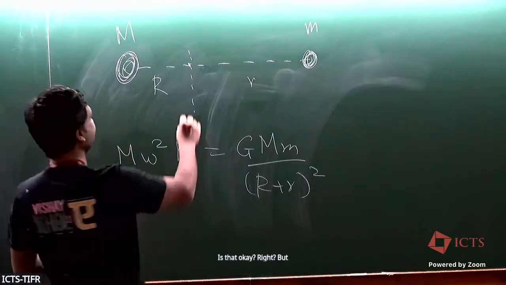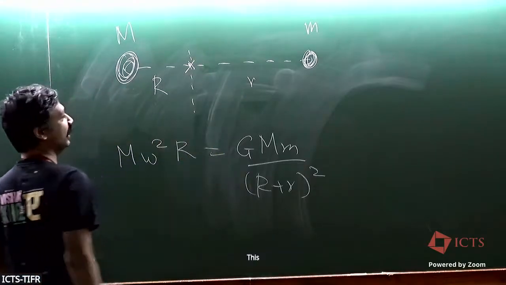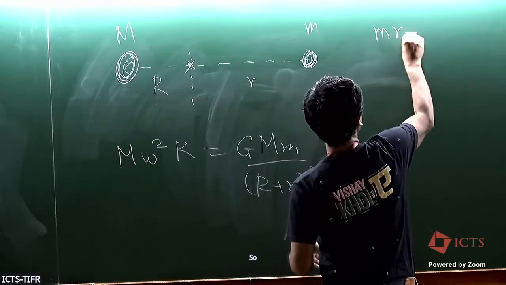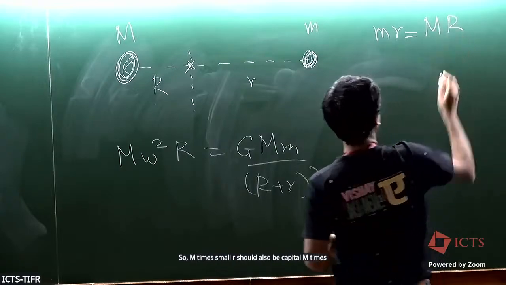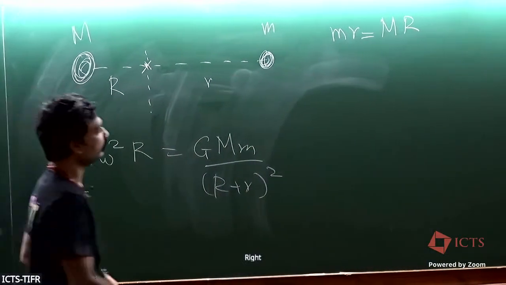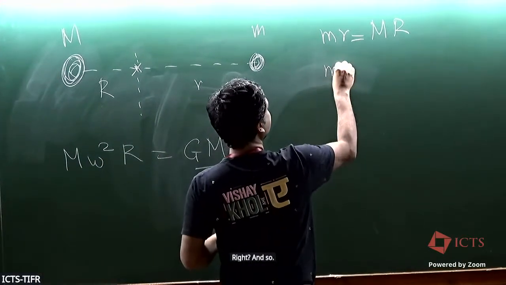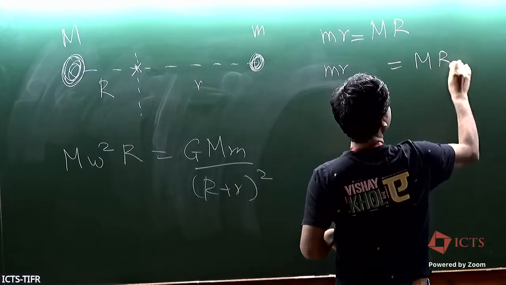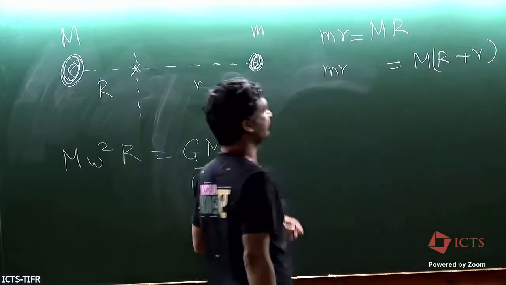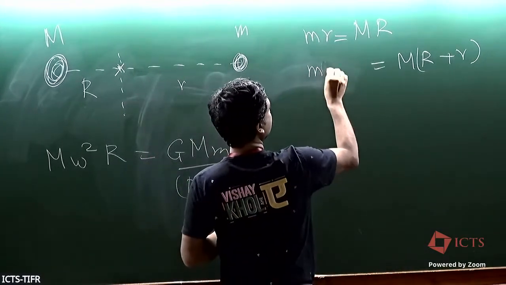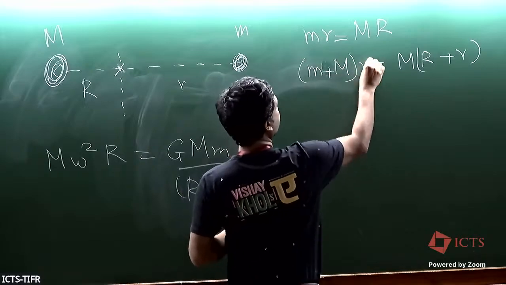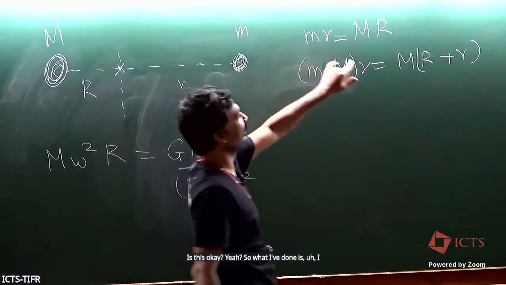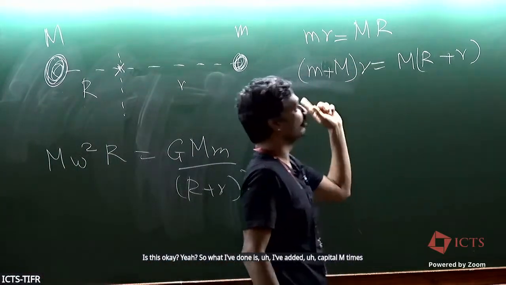But then these capital R and small r are related to each other, because this is the center of mass. So m times small r should also be capital M times big R. And so similarly, if I do this, okay, what I've done is I have added capital M times small r on both sides.